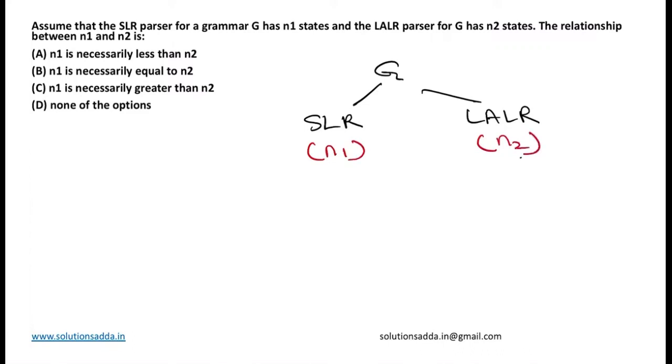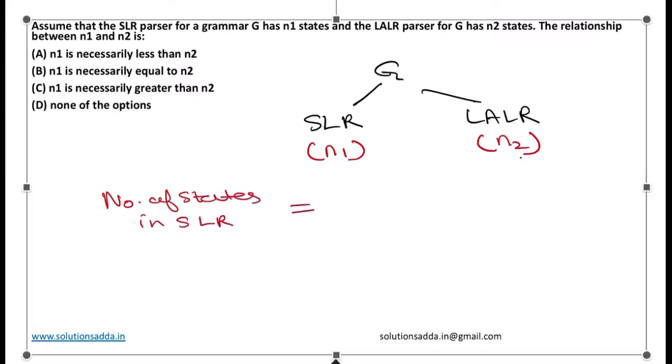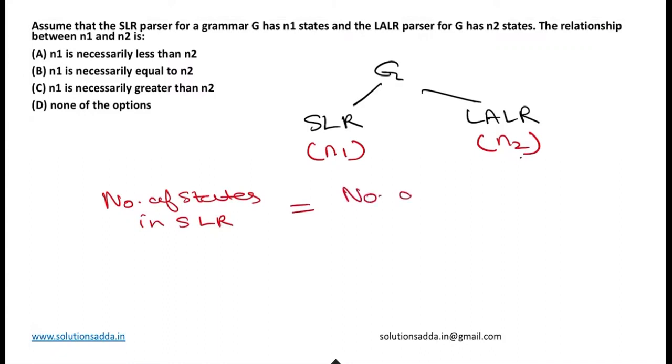We know that the number of states in SLR is equal to the number of states in LALR. Okay, so therefore N1 is equal to N2.